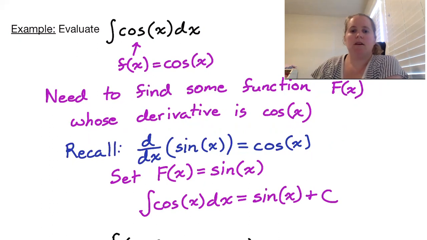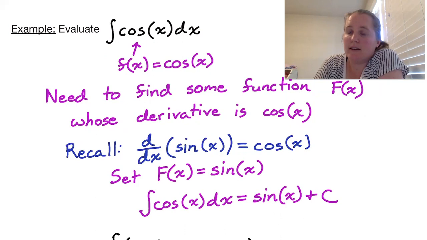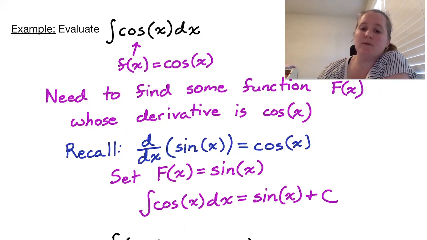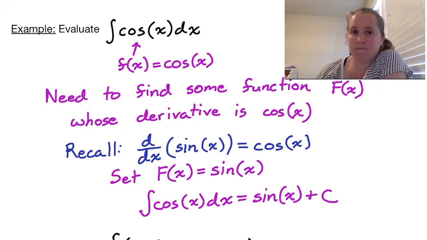Since we could have any constant added on at the end. So this is taking the indefinite integral of cosine of x using the fact that we know that the derivative of sine is cosine.